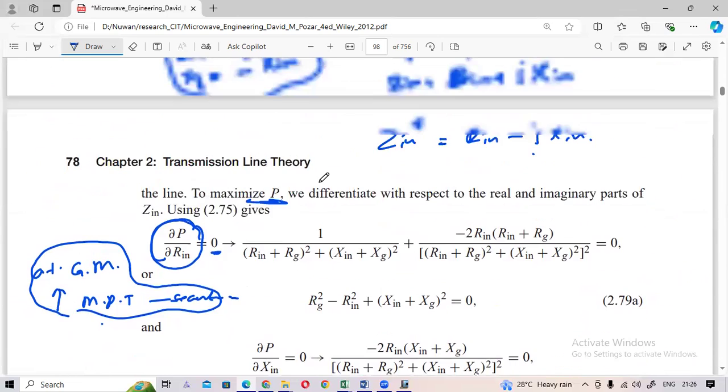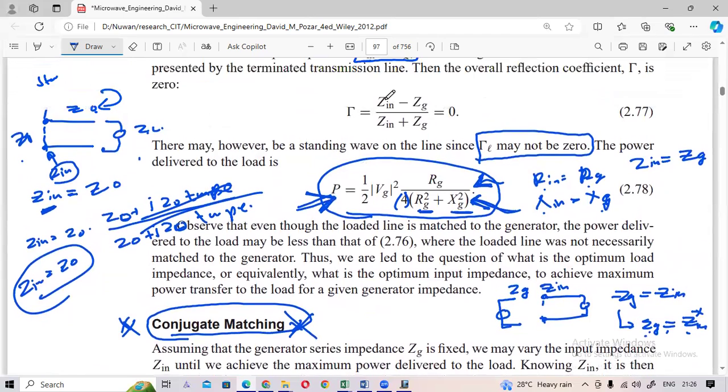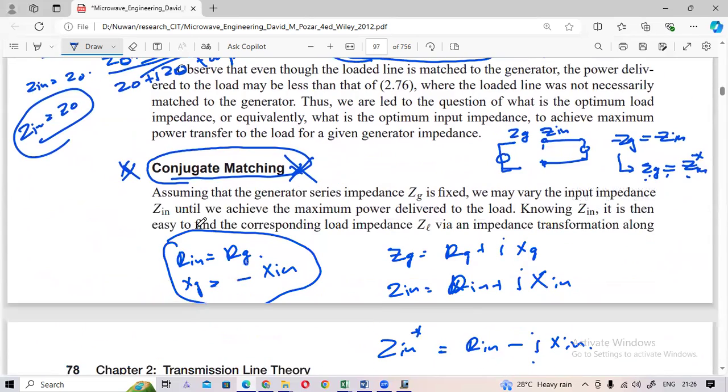In this case, you are going to make one reflection zero, but the other reflection has a high value. So that is not the optimum value. But in the conjugate matching, you have both reflections, because at the generator there is a reflection, and at the load there is a reflection.